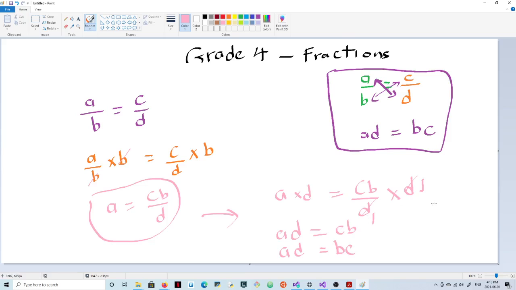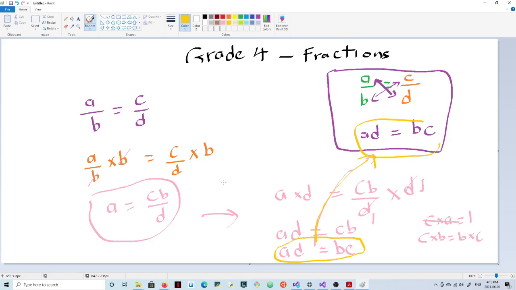Because it doesn't matter the order when you're multiplying. C times B is the same as B times C. So I'm just writing it in a format here, so you can relate this to this, how we end up with this here.